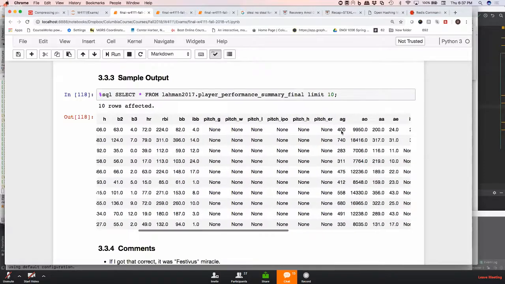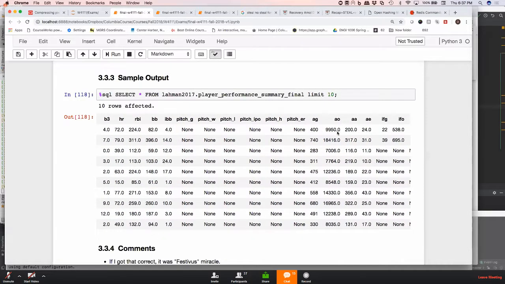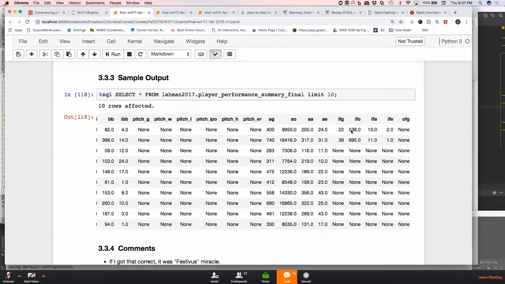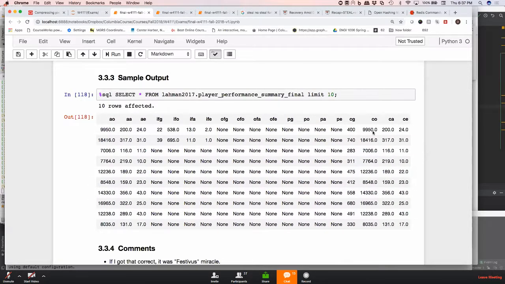Over all games, right? These were the outs, assists. So this probably was an outfielder. Assists, errors, infield games, infield outs. So I've just basically flattened it all out.